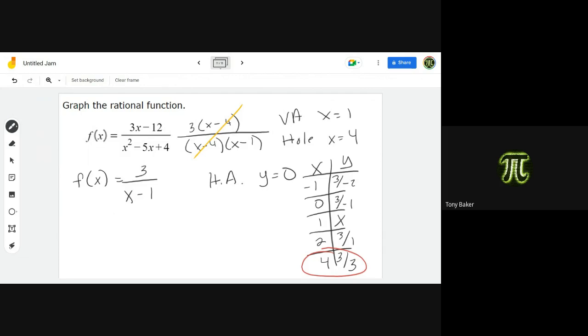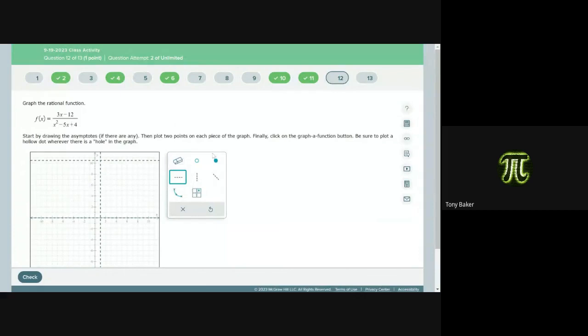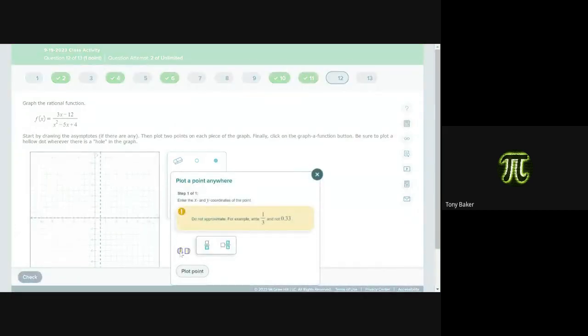So that's 1. That's that. All right. So I've got -1 was -3 over 2. 0 was 3 over -4, so -3. 2 was 3.